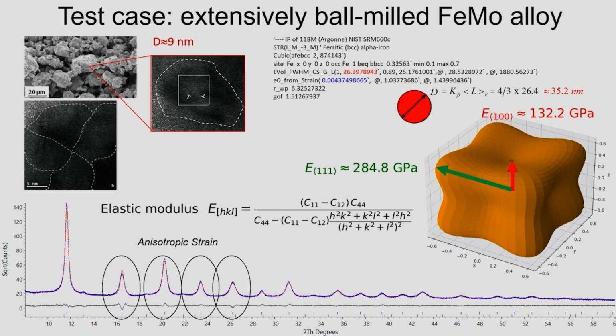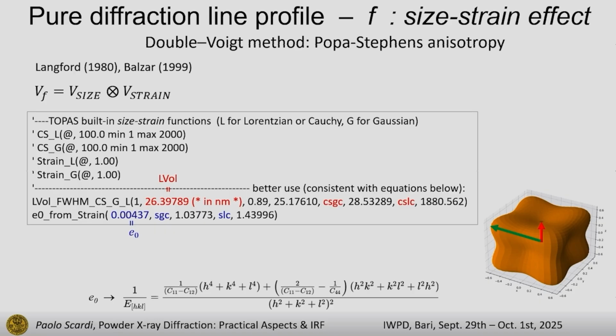So sigma is equal to E times epsilon. So if you want to work out epsilon, it is going to be inversely proportional to the Young modulus. So this is the inverse of the elastic modulus, and it can be demonstrated that it is related to this E0 quantity, which is the root mean square strain.